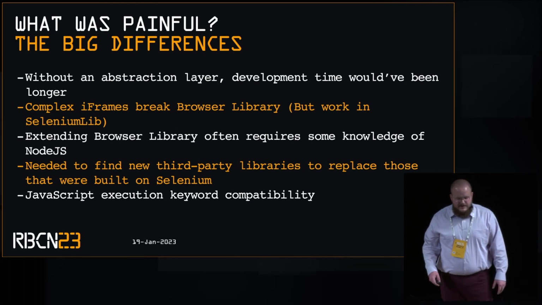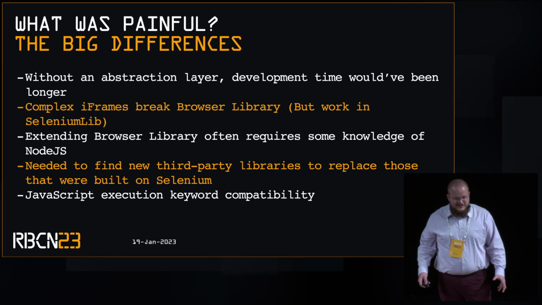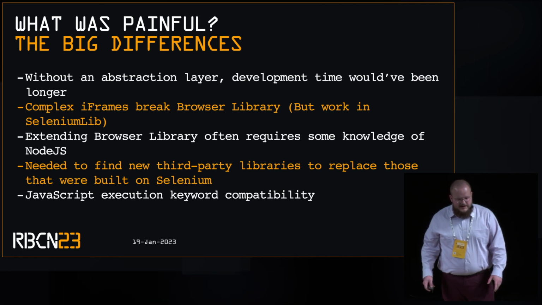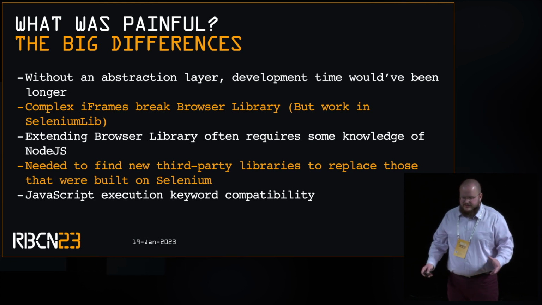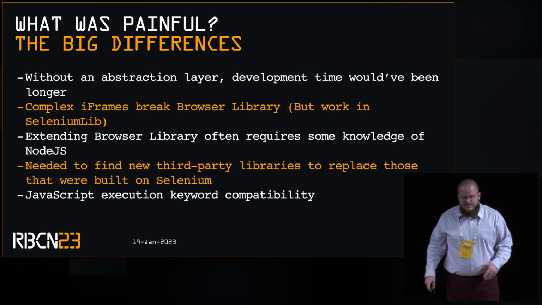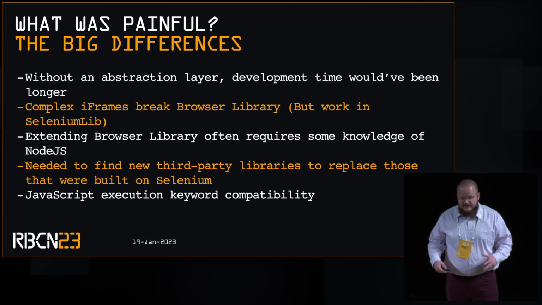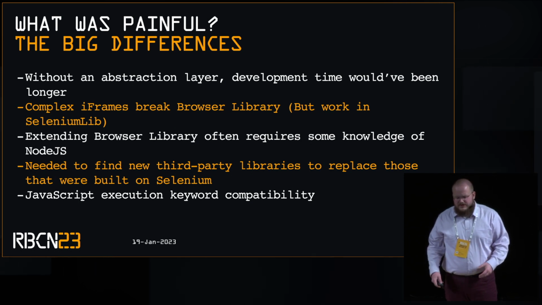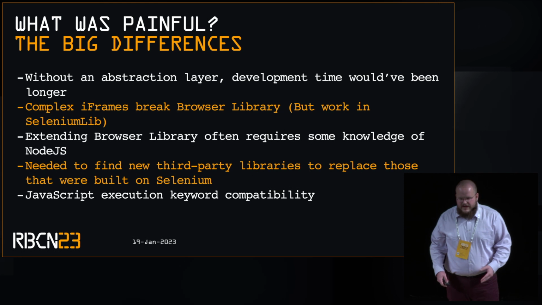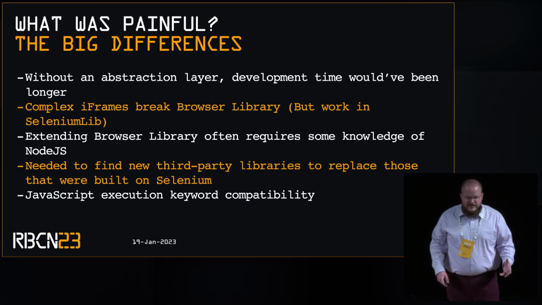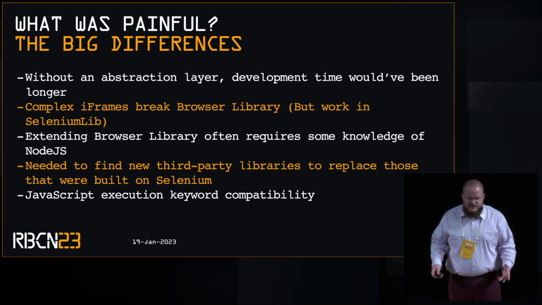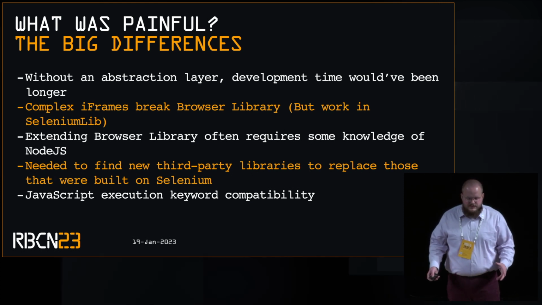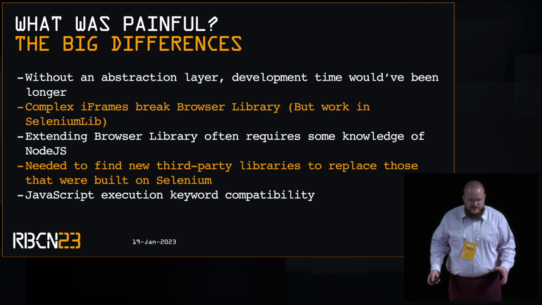Extending Browser Library has historically required a knowledge of Node.js. We needed to find third-party libraries to replace ones we had used previously that were built with Selenium, specifically on the back end. We used a library previously that did image comparisons, capturing elements on the page and comparing them to old screenshots of that same element.